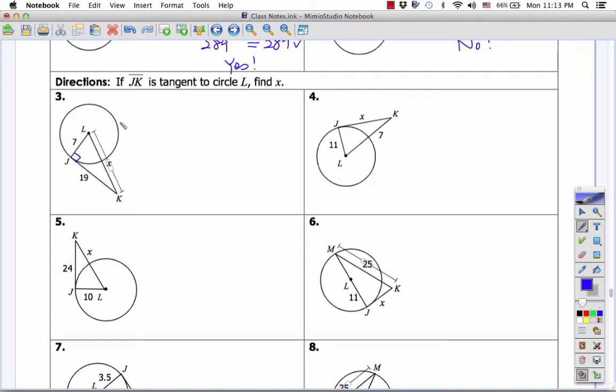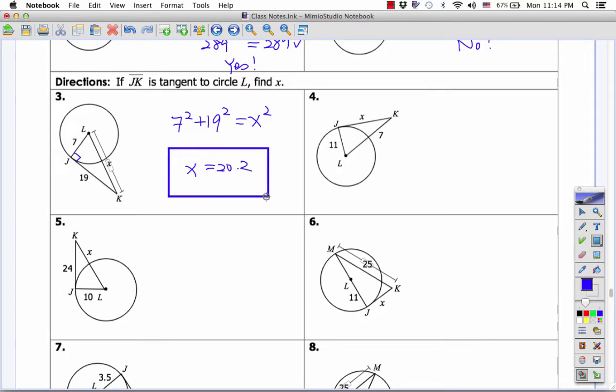All the circle is helping us to determine is that it's given that this is a right triangle. So therefore 7 squared plus 19 squared should equal my hypotenuse squared. And if you use your calculator, the final answer is 20.2.